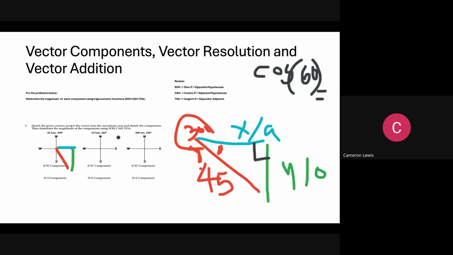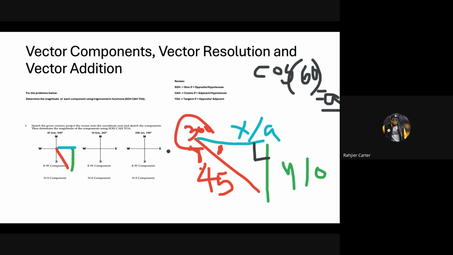It's adjacent over hypotenuse. Do we know what the adjacent side is? No, so I'm going to just leave it as A because we don't know. But do we know the hypotenuse?